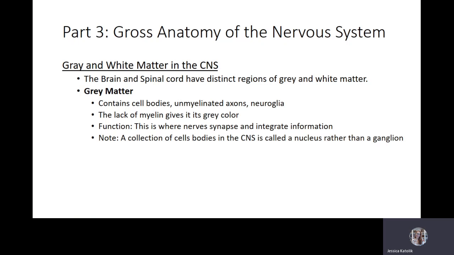And it will allow the central nervous system to understand those stimuli coming in and make a decision on what is the proper motor function that has to be sent out. So it's a lot of integrating and processing information.